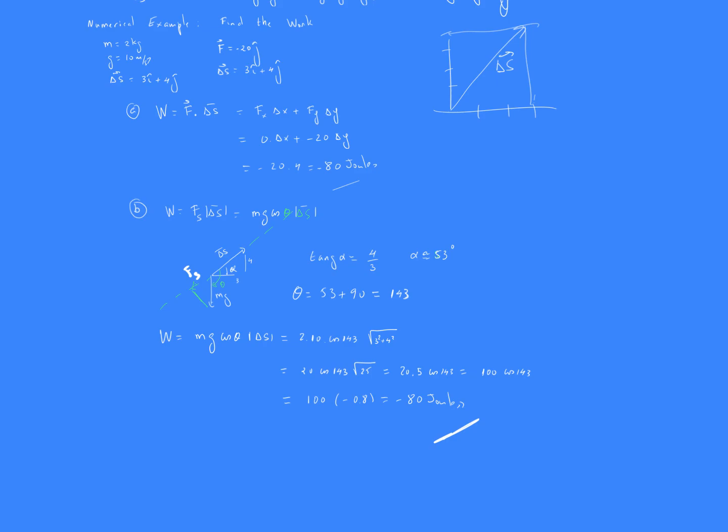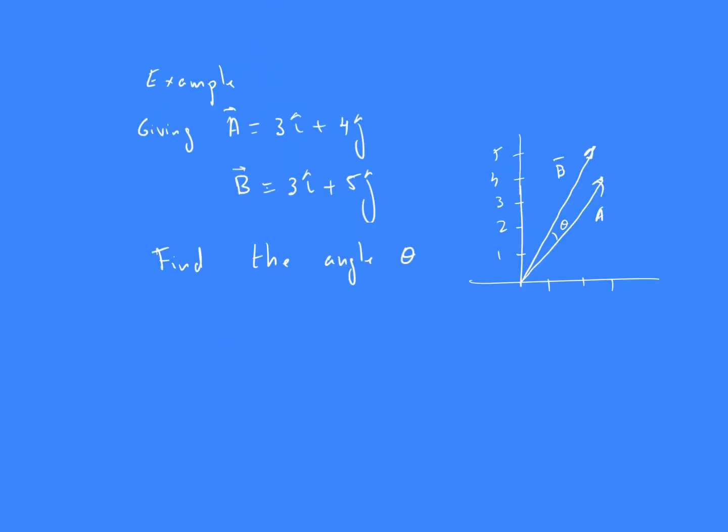And finally, you do this example: given two vectors A and B. These two vectors, 3i plus 4j and 3i plus 5j. What is this angle theta? So how will you do it?